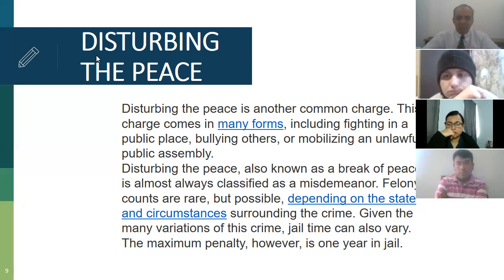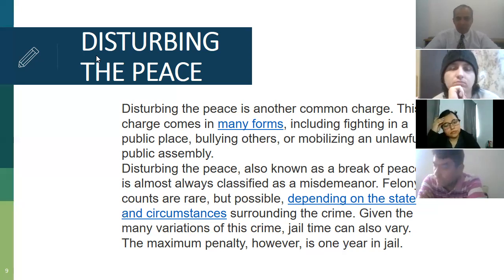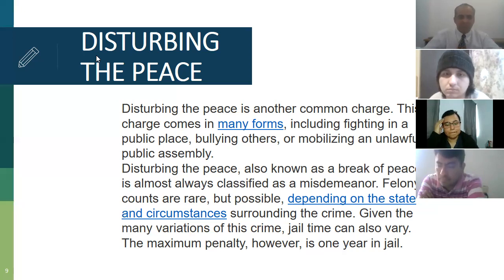Felony counts are rare but possible, depending on the state and circumstances surrounding the crime. Given the many variations of this crime, jail time can also vary. The maximum penalty, however, is 1 year in jail.